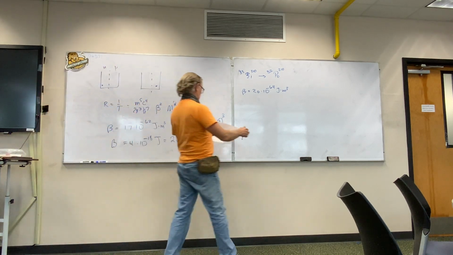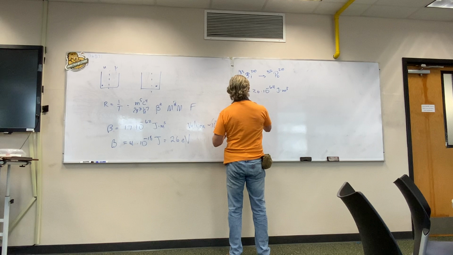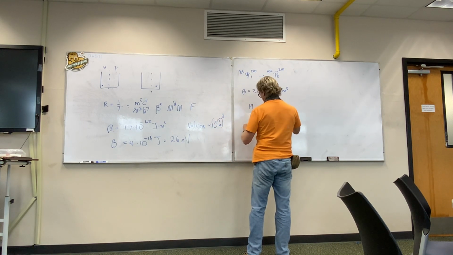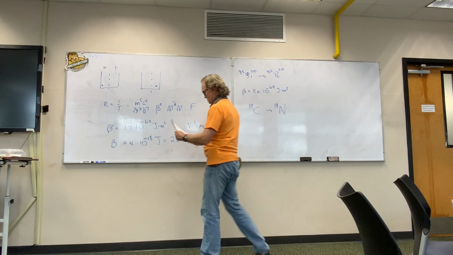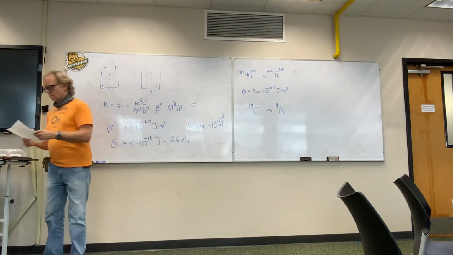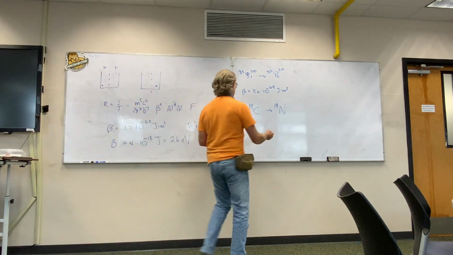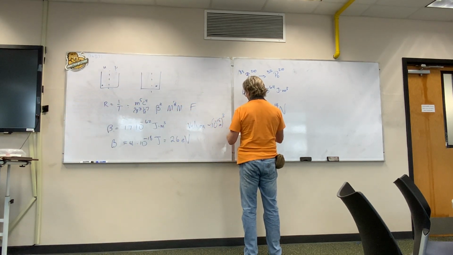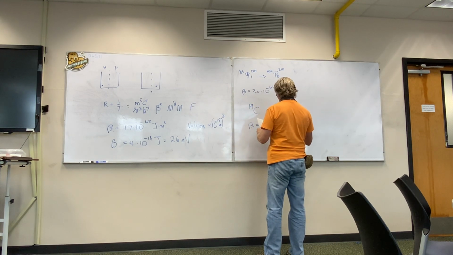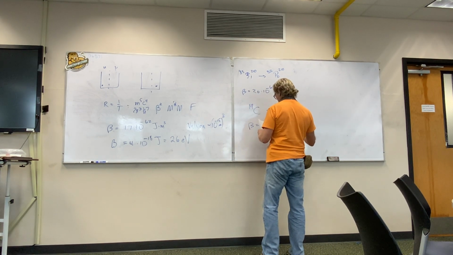And carbon 14 to nitrogen 14. I don't know if I even did this right, but I got beta 4.5 times 10 to the minus 65 joule meters cubed, so very different.